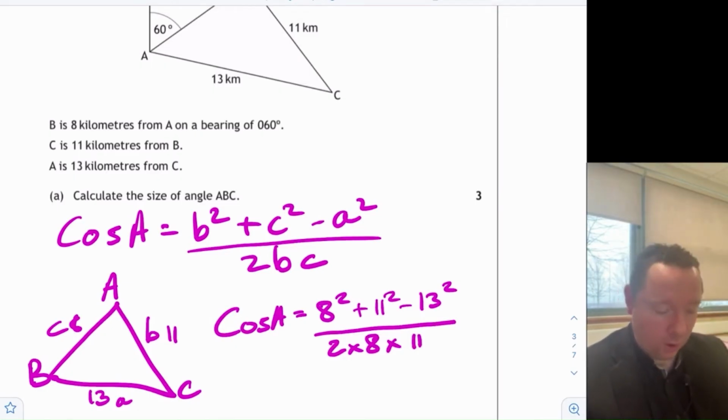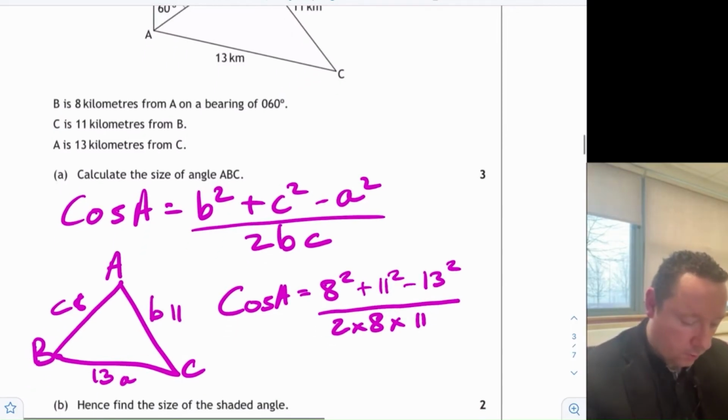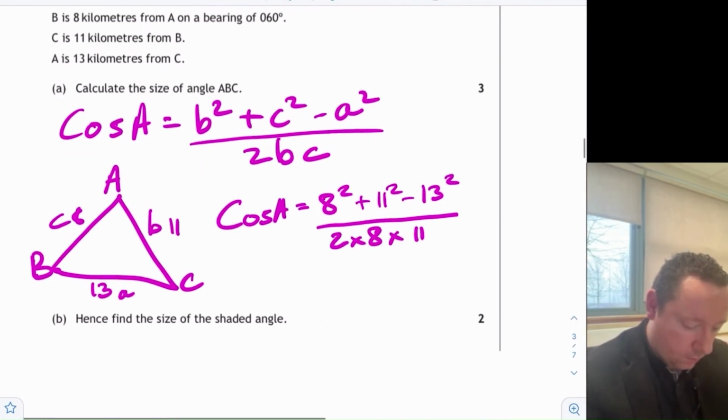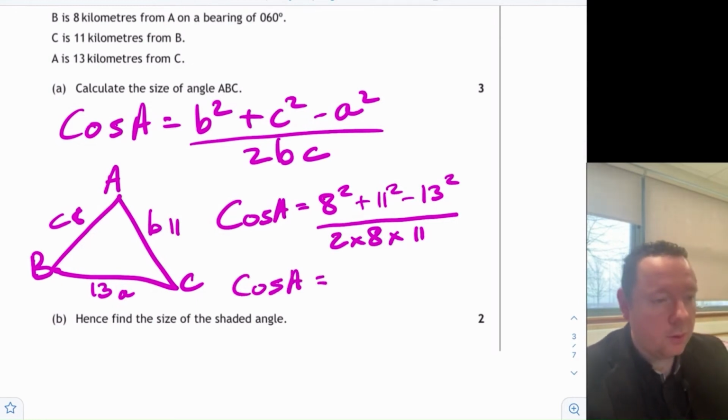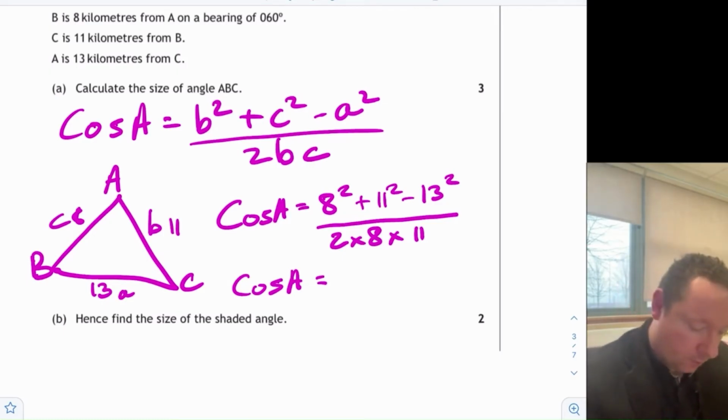And then we need to work this out. So cos A would equal, using a calculator, you would do 8 squared plus 11 squared minus 13 squared, get an answer, then divide by 2 times 8 times 11, making sure you're using brackets, and you would get 0.09, with a bunch of other numbers.